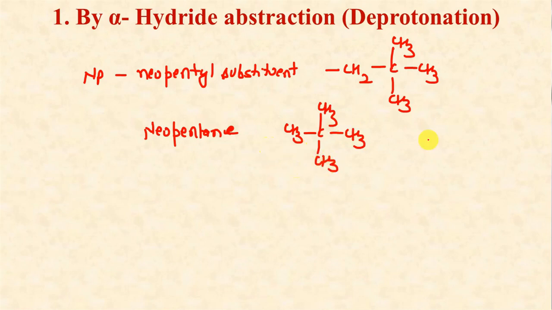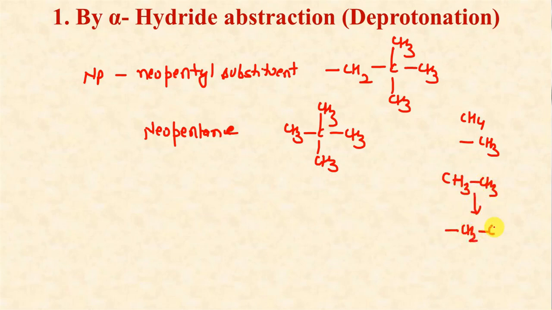It is similar to this: if we have methane, what will be methyl? CH3. If we have ethane, the substituent will be ethyl, CH2CH3. Similarly, this is neopentane and this is the neopentyl substituent.